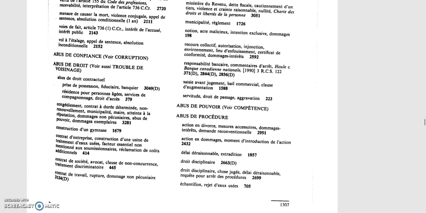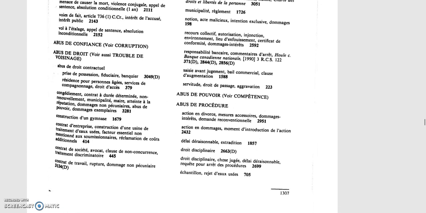And then underneath, like for instance, in abus de droit, so right here we have abus de droit. There's abus de droit contractuel, prise de possession, fiduciaire, banquier. There's another one that talks about abus de droit contractuel, résidence pour personnes âgées, service de compagnonnage, droit d'accès. So the keywords we're searching is a mix of the ones in capital letters and a bit more precision underneath.